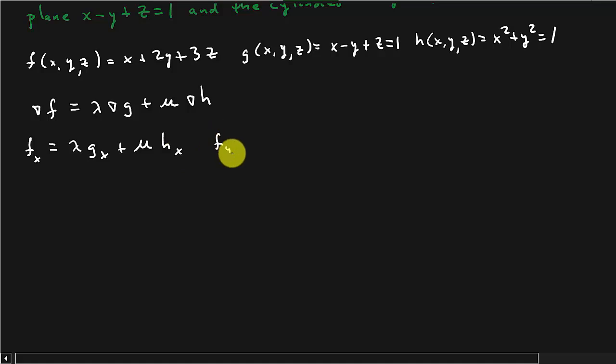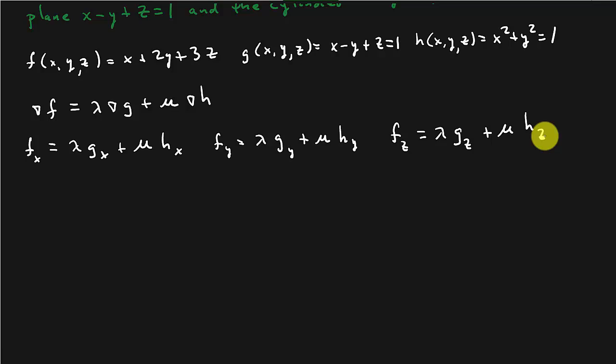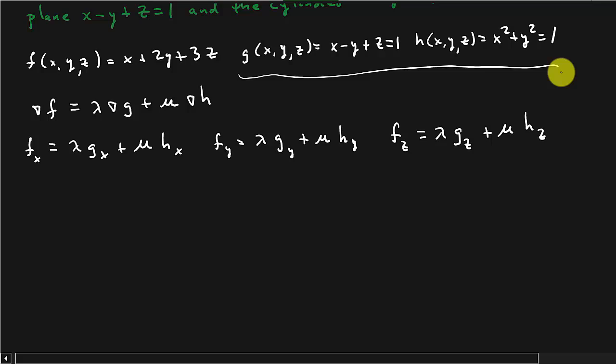And then we've got f_y is lambda g_y plus mu h_y, and then the partial of f with respect to z is lambda times the partial of g with respect to z plus mu times the partial of h with respect to z. And then of course you've got your two constraints there. I'll write them down later.